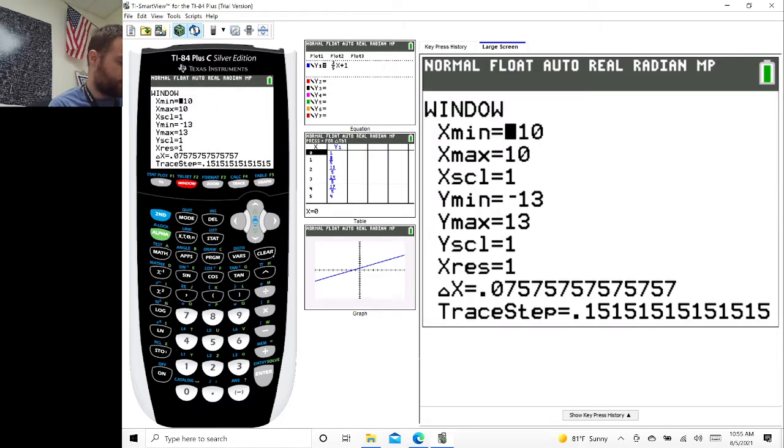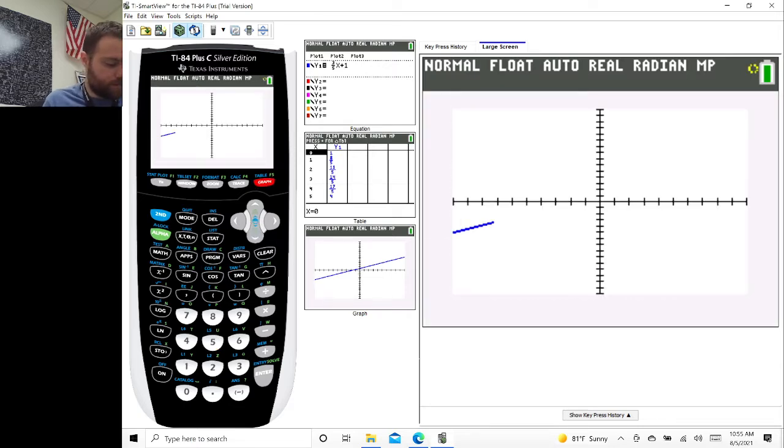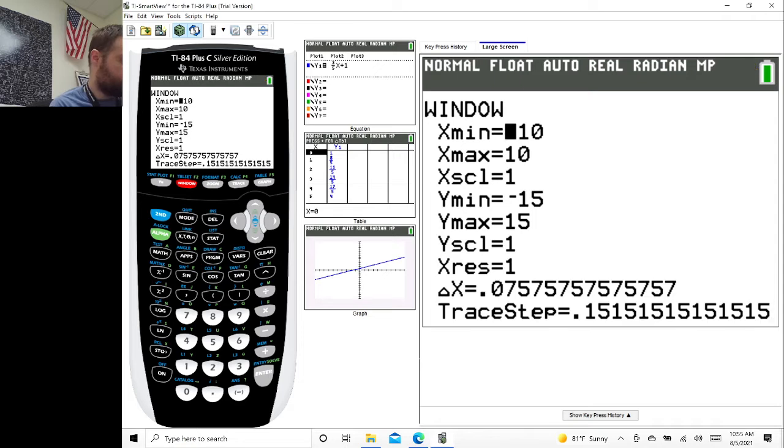Let me clean that up, maybe 15. Nope. Oh, I'm doing the y's. My bad. I need y's to be negative 10 to 10. And the x's to be negative 13.